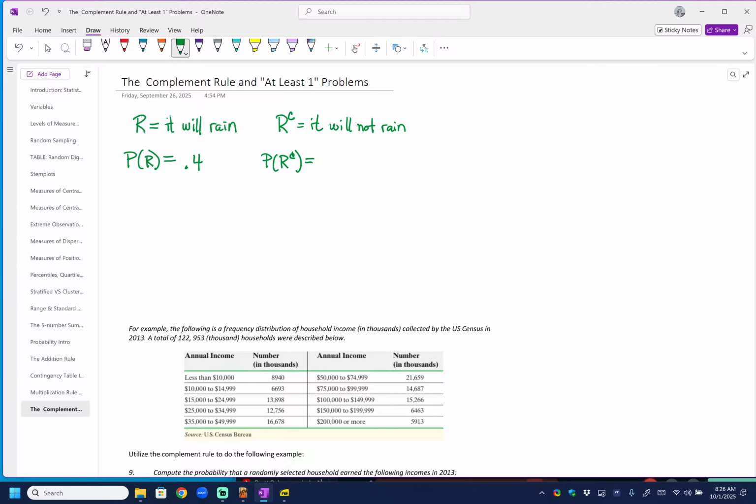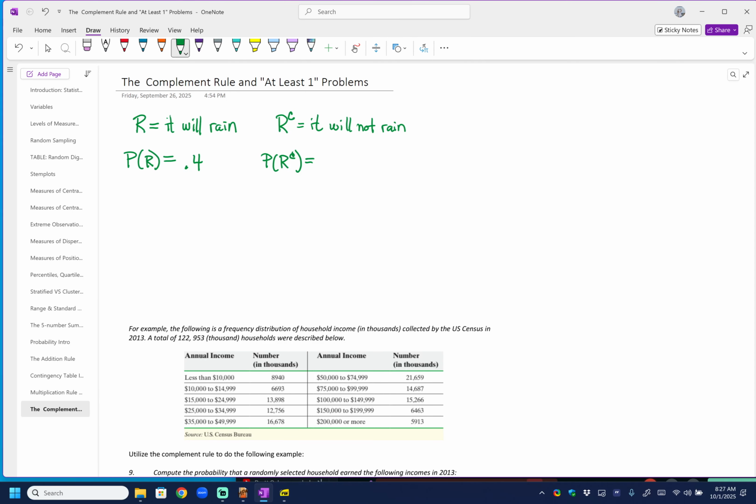If you ask most students what the probability of it not raining would be if it's 40% that it will, their brains are going to go to, well, 100% is the total. So 100% minus 40% is going to give us a 60% chance of no rain. Well, in the world of probability, it's a little bit different. 100% for percentages is equivalent to 1 for probability.